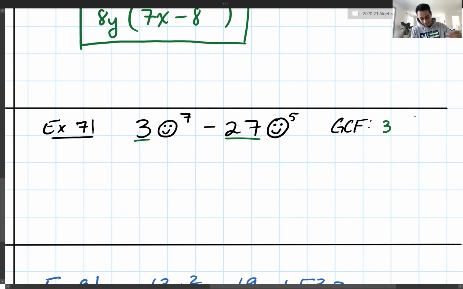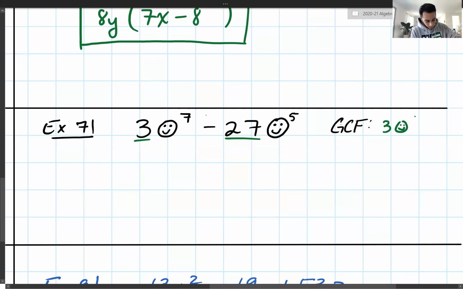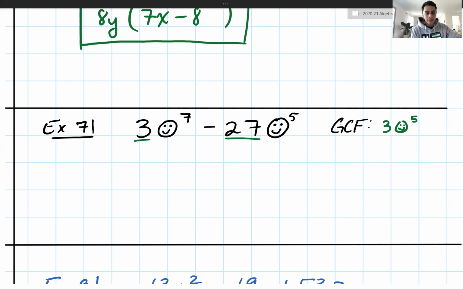Happy face. Treat it like a variable. What's the lowest power they have in common? It's to the 7th and to the 5th, so it's happy face to the 5th. So 3 times happy face to the 5th is my greatest common factor.